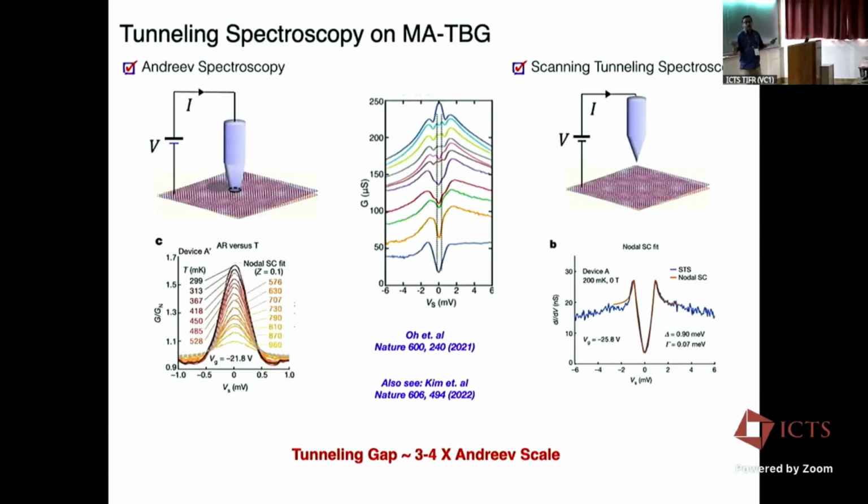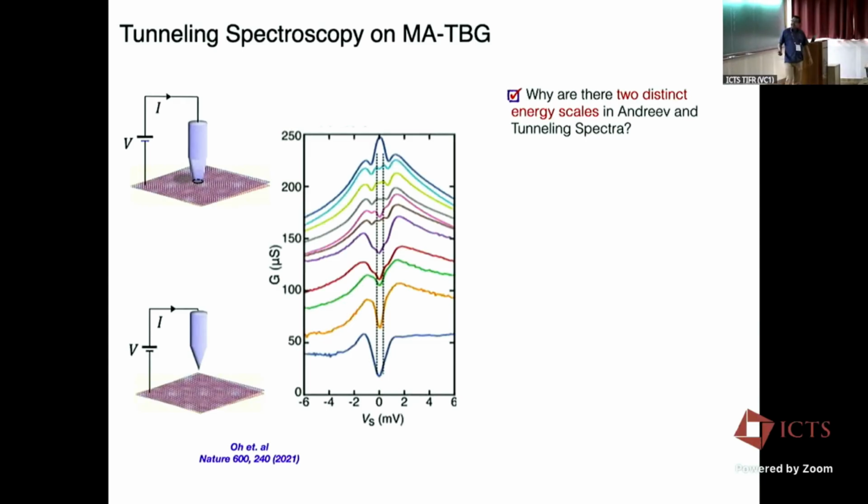Why do you have two scales in your problem? What are the two scales? Why do Andreev and tunneling spectroscopy not show you the same set of scales? Okay, that's essentially, you can write it down here. Why are there two distinct scales?